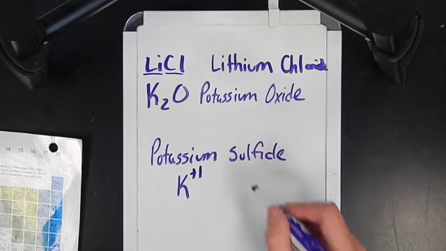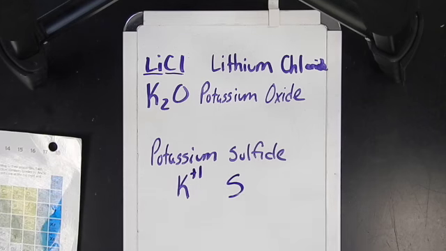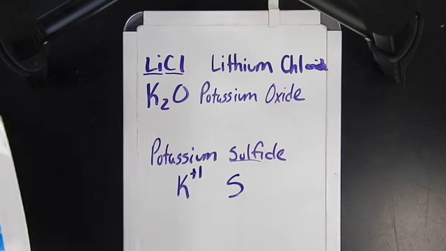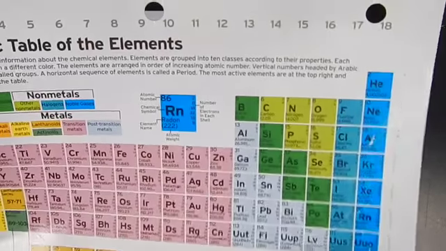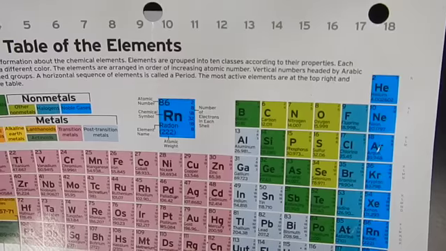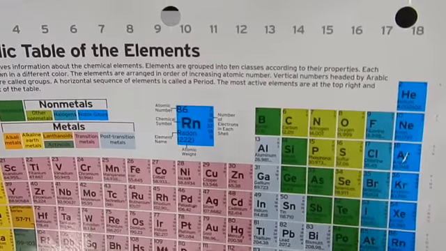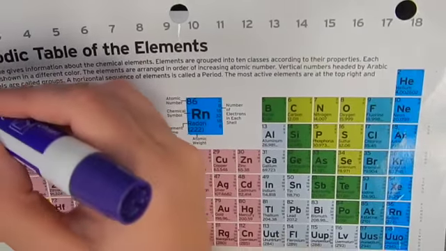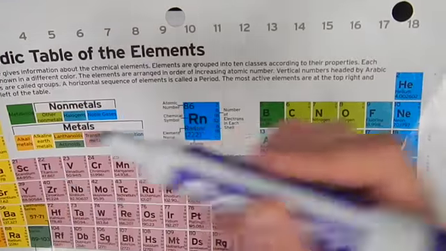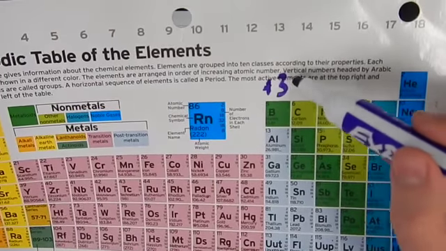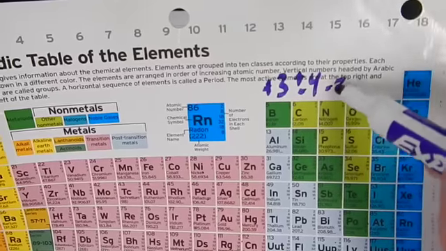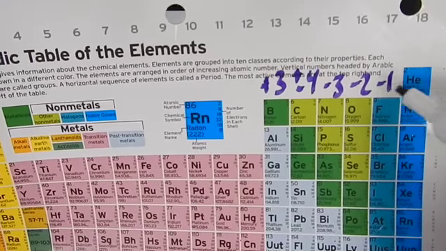Sulfide, that is just sulfur, and we know that because you look at the main part, whatever element that's talking about. So then you find sulfur on the periodic table, which is right there, and that will be a -2 charge because it goes +1, +2, +3, ±4, -3, -2, -1.